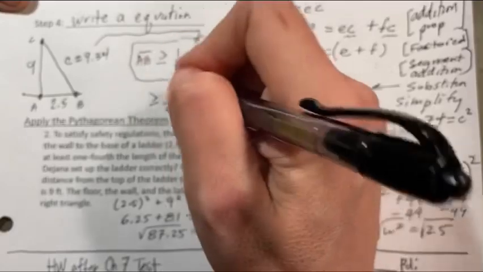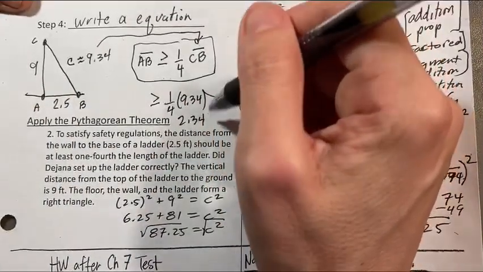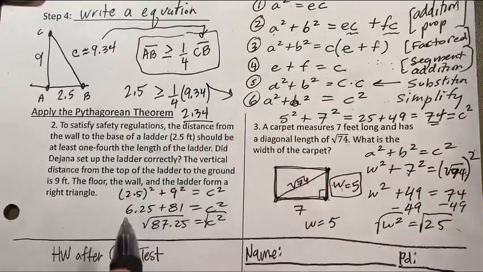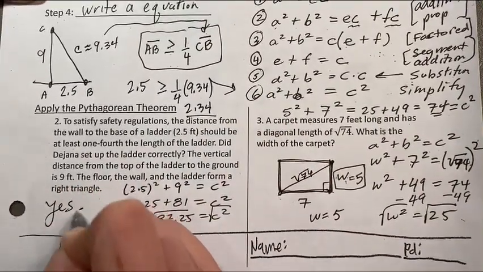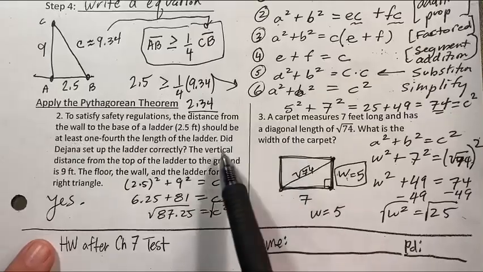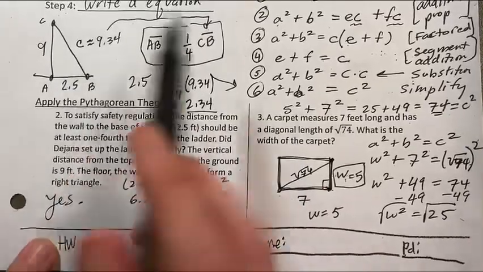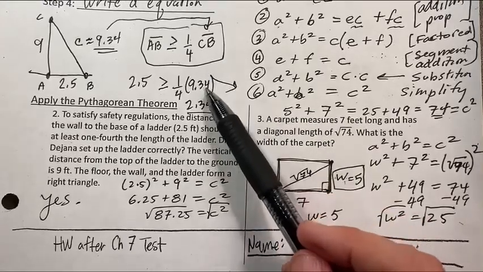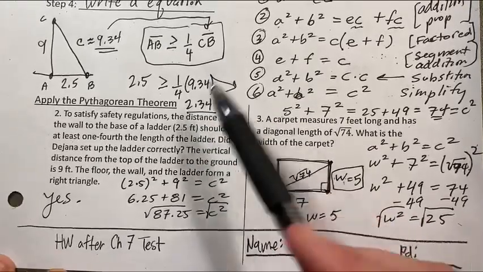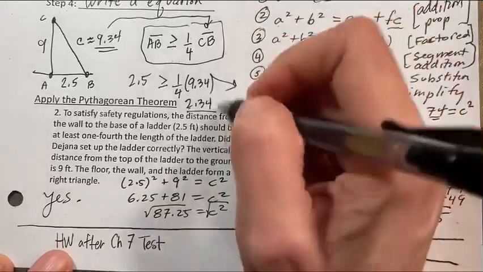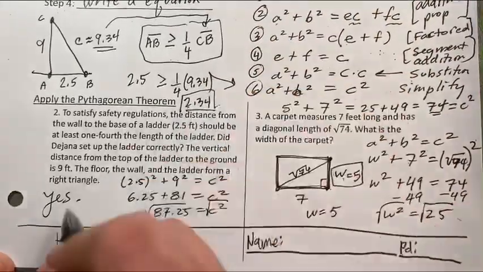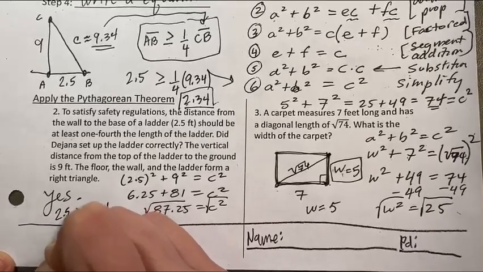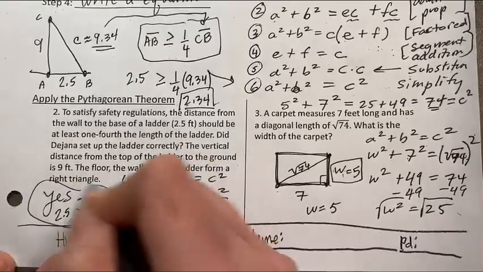Well, right now we have AB is 2.5. So is 2.5 greater than 2.34? You're going to say yes. So as long as C, that is our ladder, is 9.43, then 1/4 of our ladder is 2.34, and we need 2.34 to stay less than or equal to 2.5, and yes it is. So we are good.